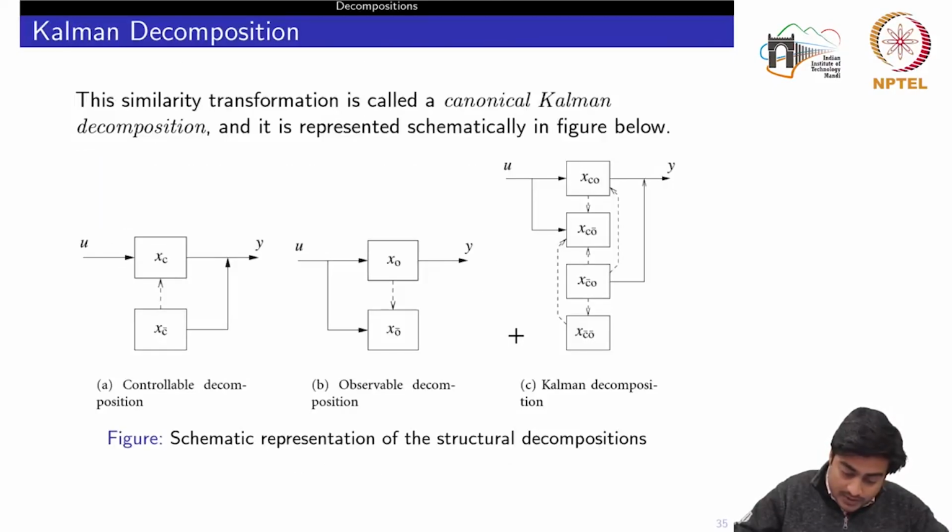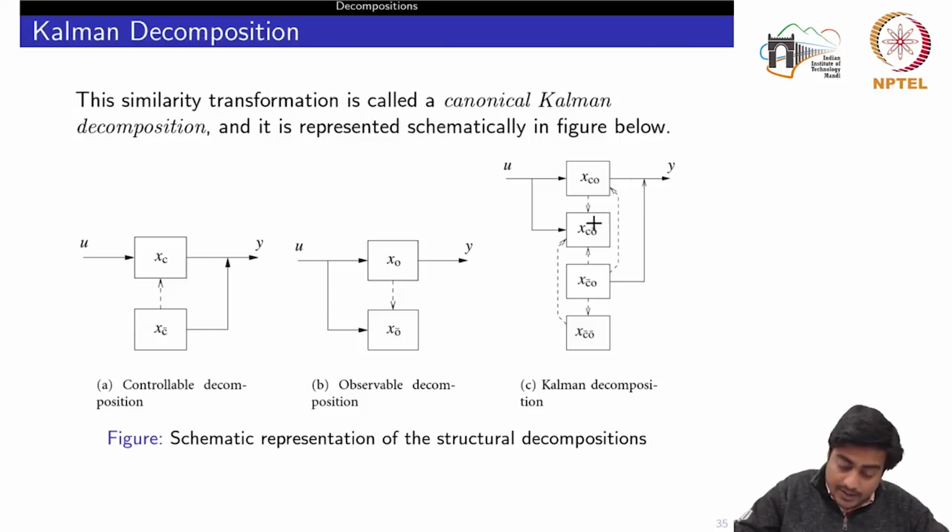Okay, so if you want to visualize using the figures, in the controllable decomposition we had seen that only XC is controllable but XC bar is not, because XC bar is not being influenced in any way by the input. For observability we had seen that both XO and XO bar are being influenced by U, but the unobservable state is not sending any information to Y. Now if I combine these two, the states which are controllable and observable would have access to U and Y completely.